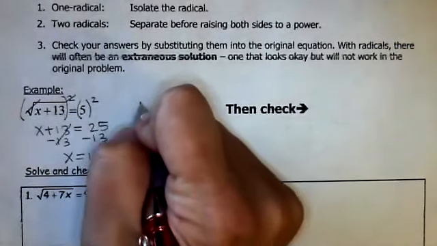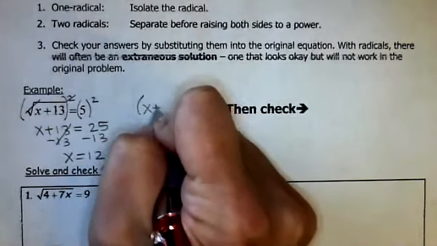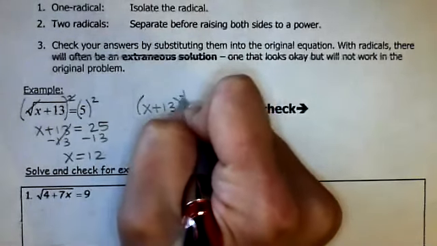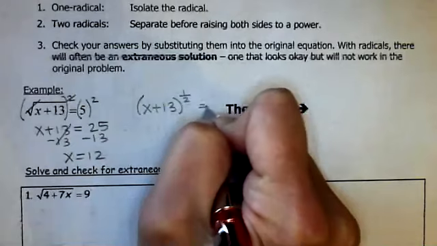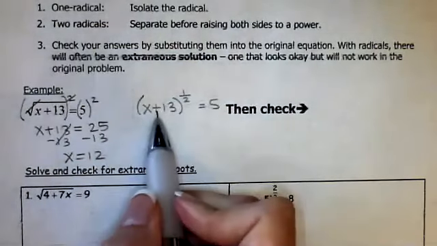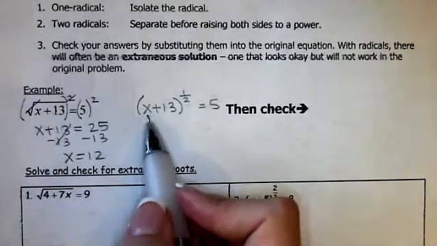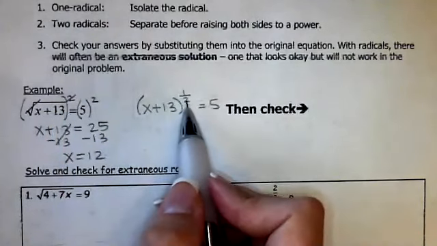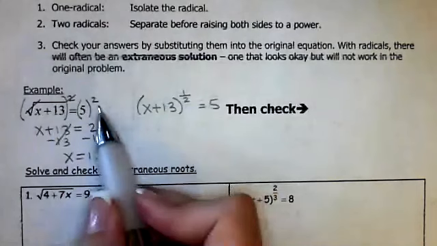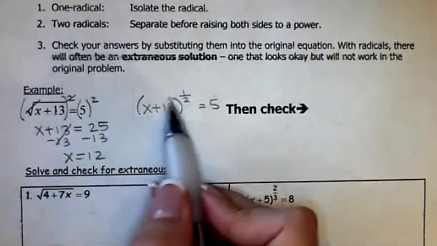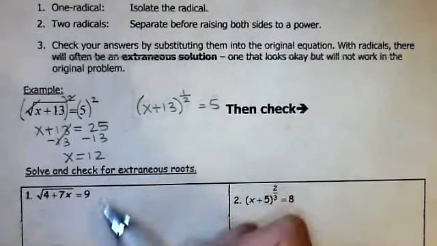But before we do that, I want to remind you from last class when we rewrote radicals as rational exponents. So in last class, we learned that the square root of x plus 13 is the same thing as x plus 13 to the 1/2 power. So the square root and the 1/2 power are both the same thing.